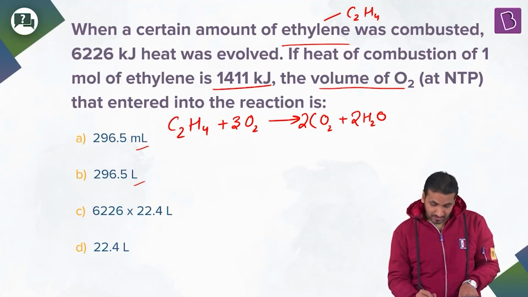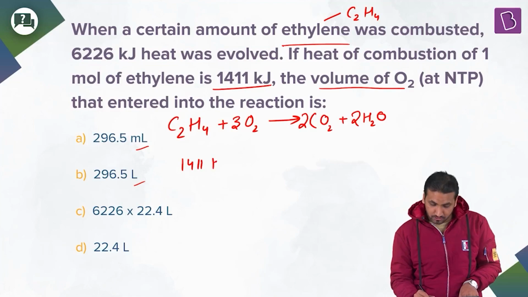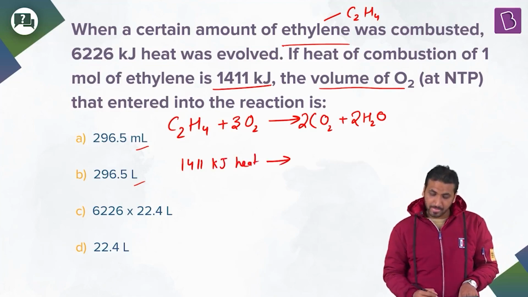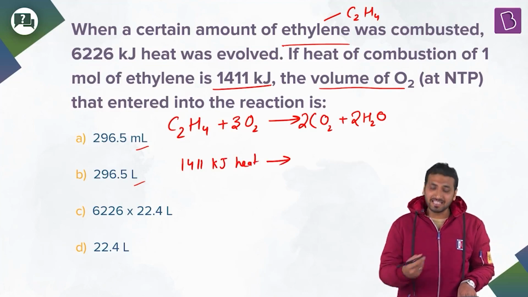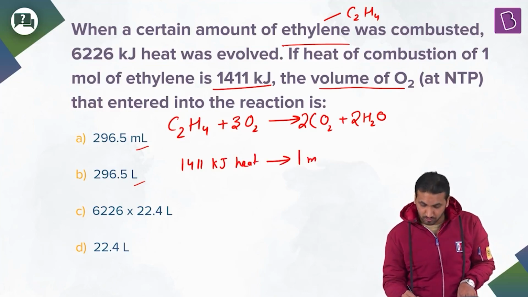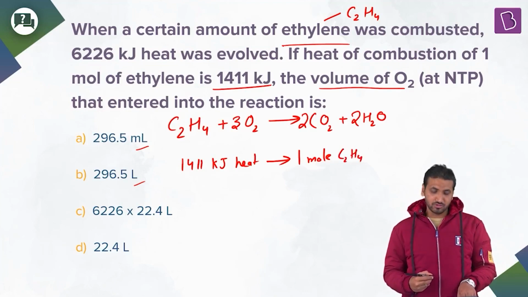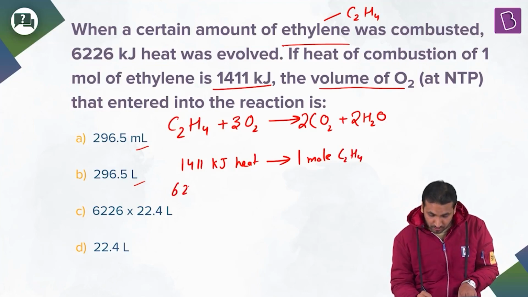1411 kilojoule heat will be released when 1 mole of ethylene undergoes combustion. 1 mole ethylene, right. So you are given 6226 kilojoule heat.